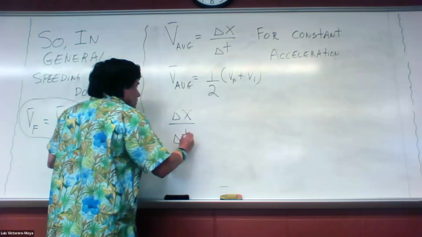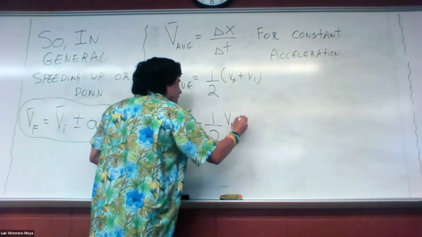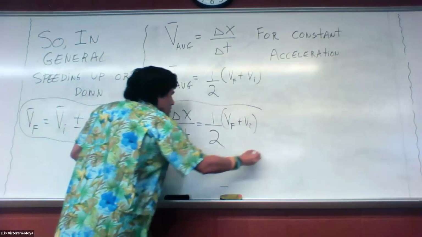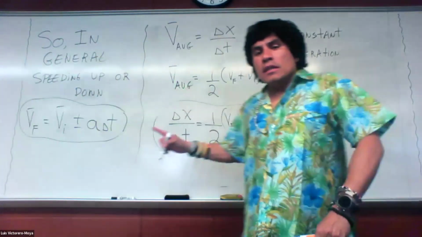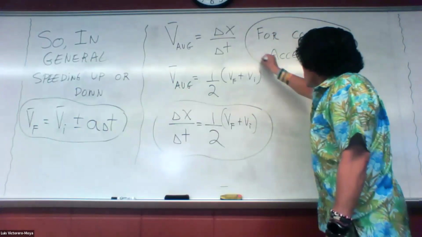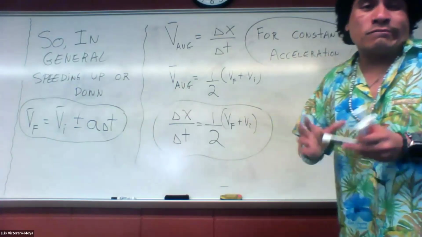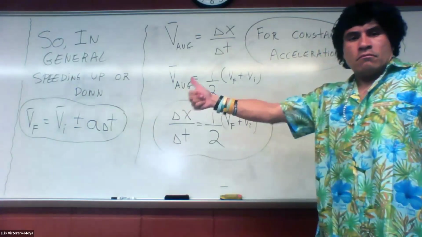Displacement over time is 1/2 of V final plus V initial. Very important equation as well. But be careful though. This particular equation only works for constant acceleration, which is the case that we're going to be doing in the course. So it's fine.